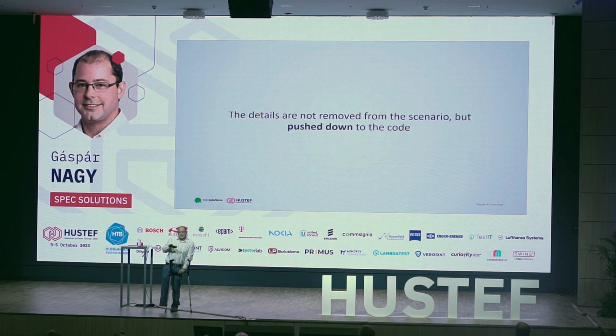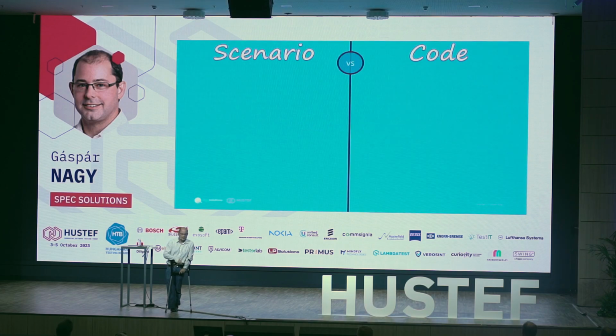What I really like as a term is that we are pushing it down to the automation. I don't know whether this down is really working anyway. So pushing it down to the automation. We are not removing or deleting, these details will not disappear. They will be existing, but not in the way they used to be. So pushing down is an important way to see that.